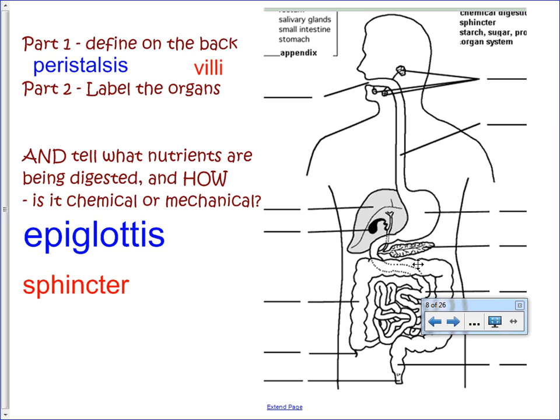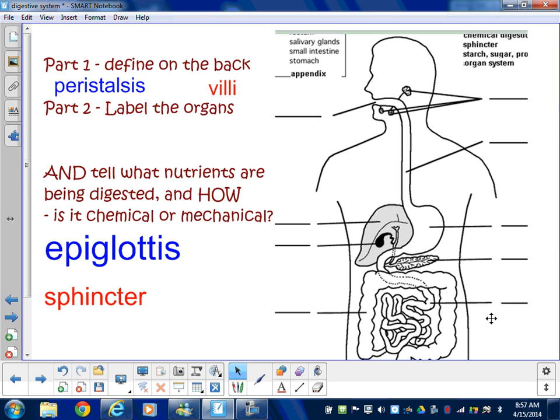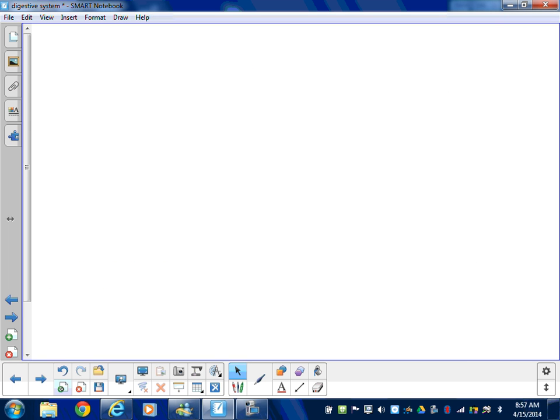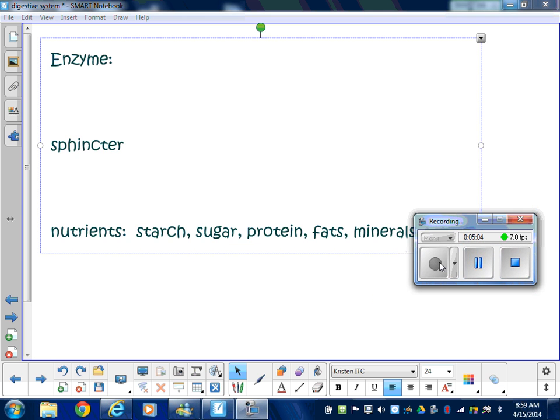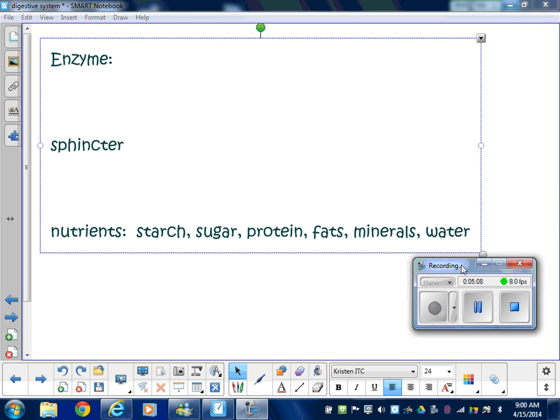And I'm actually going to put in a blank page here so that we can define these. You can define them on a separate sheet of paper too. So let's take a quick look at these words. The words listed include mechanical and chemical digestion. We already did those. So let's look at these words.